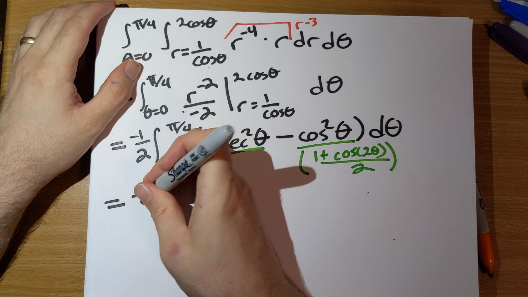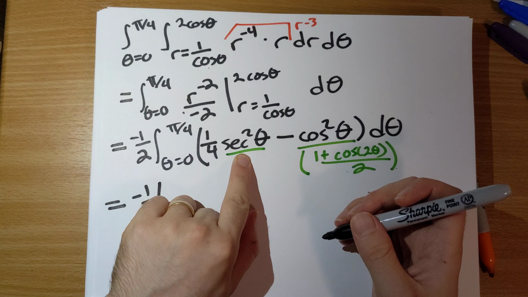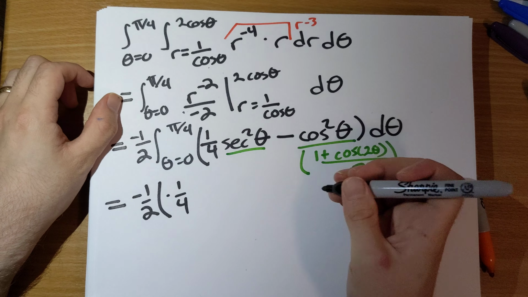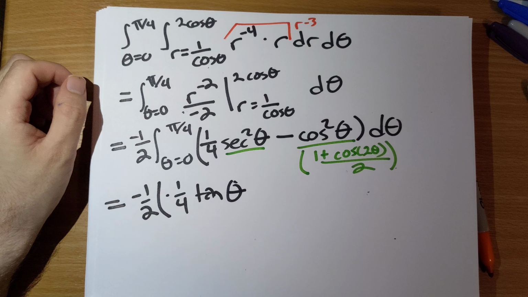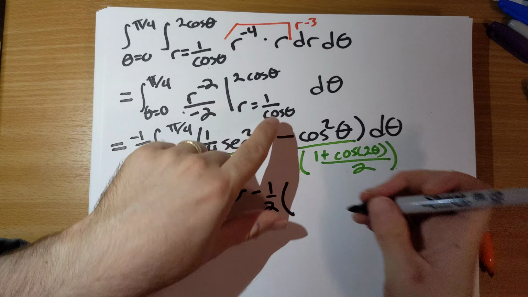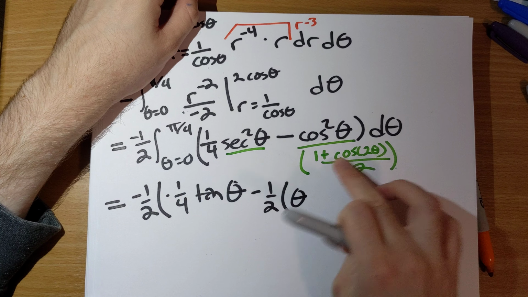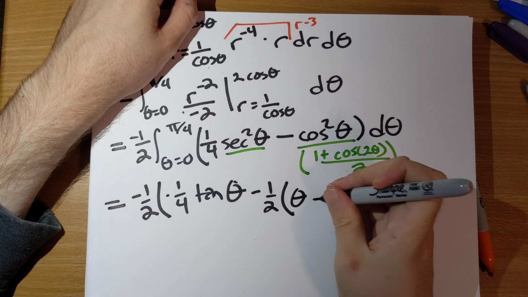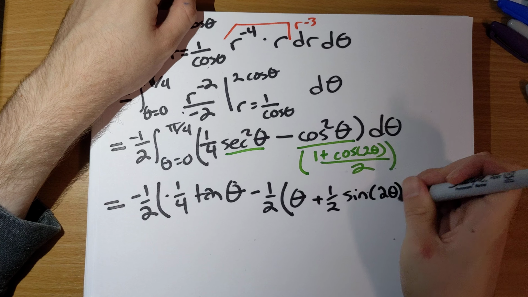So negative 1/2 times, the antiderivative of this would be tangent theta. The antiderivative of this, negative 1/2 times, the antiderivative of 1 would be theta, and the antiderivative of cosine of 2 theta would be 1/2 sine of 2 theta.